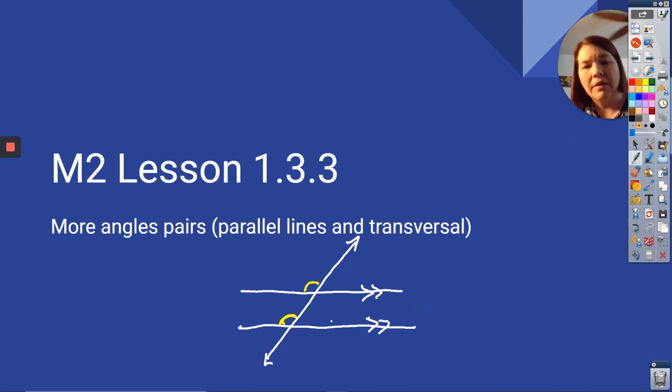Also, if I went on this side, these angles correspond with each other. So there are actually 4 pairs of corresponding angles in this drawing: the two on top of the lines on the same side, and the two below the lines on the same side.